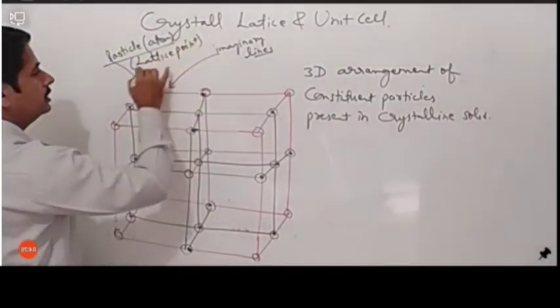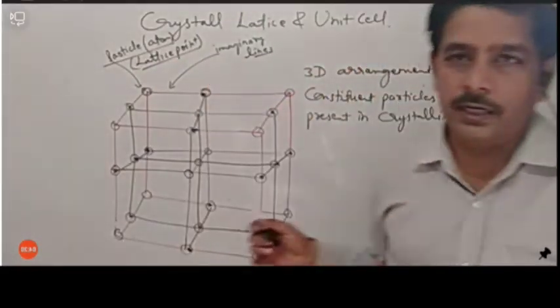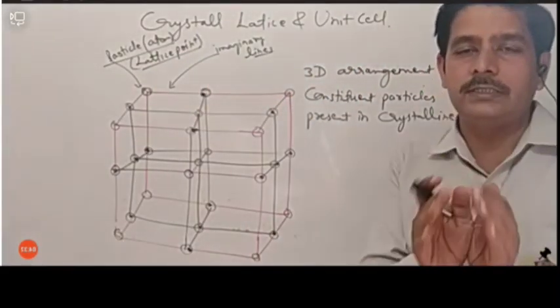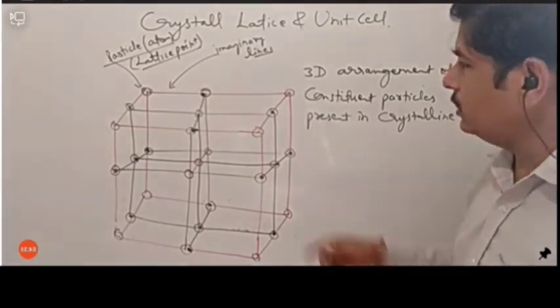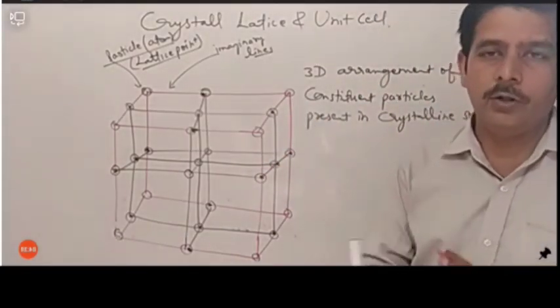So the diagram which I have drawn is the structure of crystal lattice, in which each particle shows an atom present in 3D arrangement in all the directions.